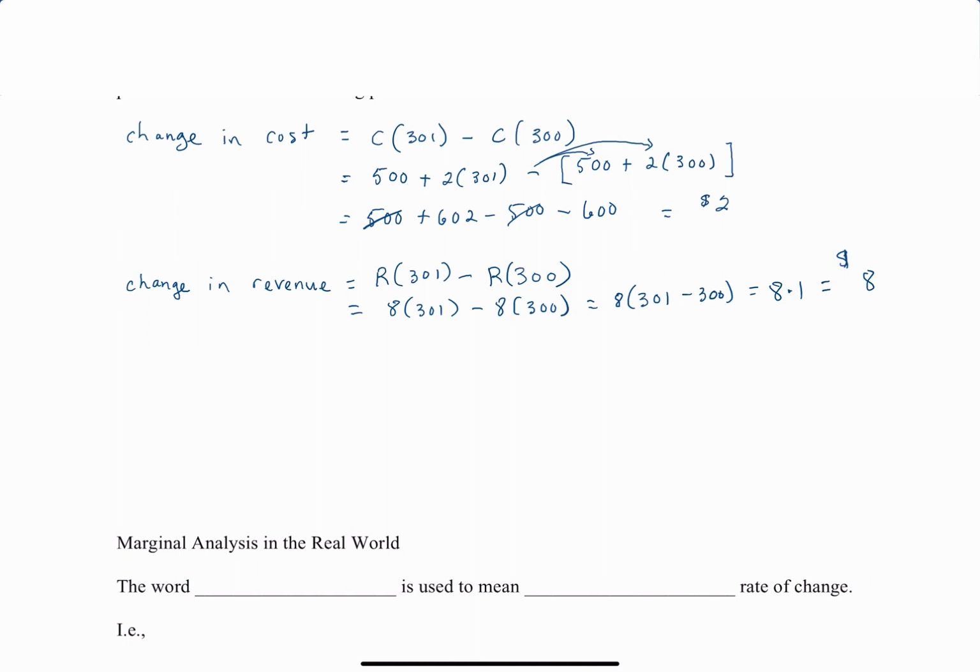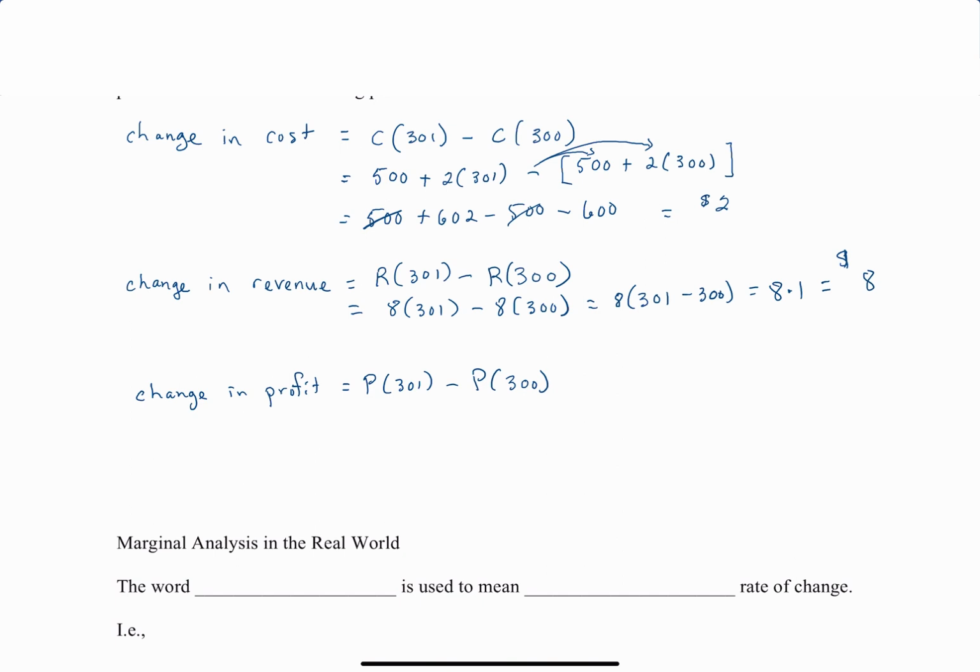Last, change in profit is the profit obtained when 301 units are sold minus the profit obtained when 300 units are sold.